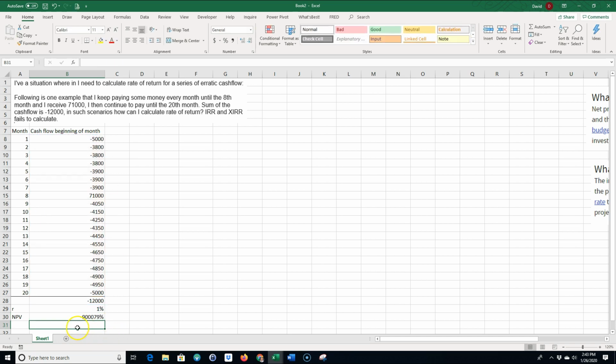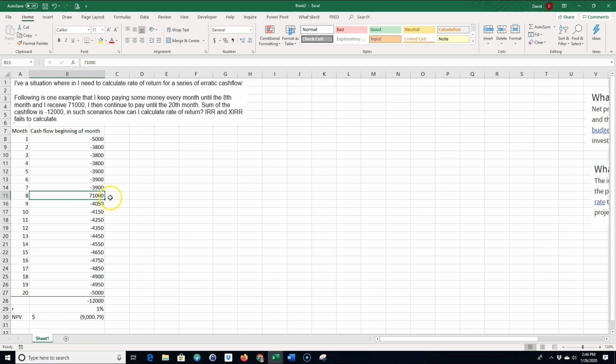Anyway. So this is not percent. Let's use this as a currency. We'll call it dollars. It may not be dollars, but I'll put dollars here. So the NPV is a negative $9,000. So if my cost of capital is 1% per month or 12% per year, if I had to borrow the money, and I have to borrow the money for these cash flows to happen, and I'm going to get these.